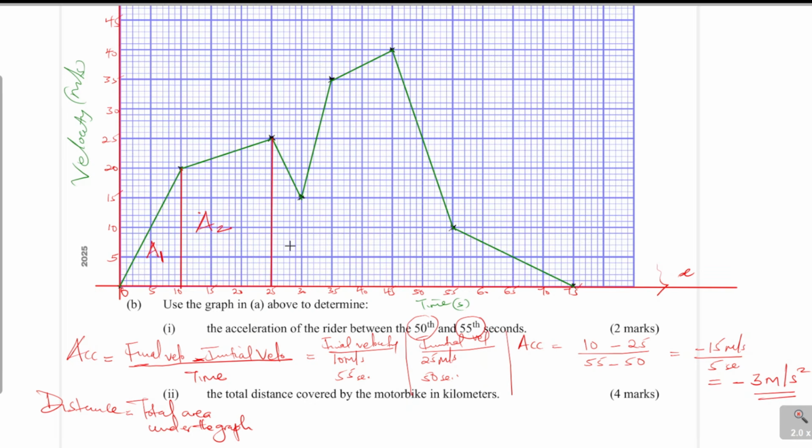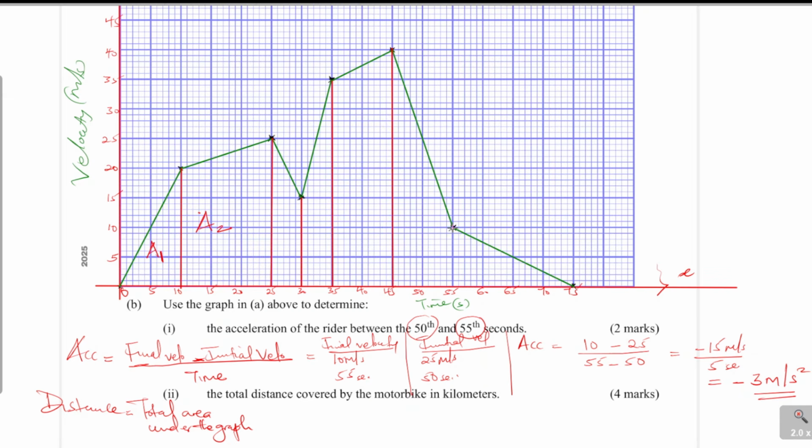And then from area 2, you can get area 3. So when I join it from this point, that one is also a trapezium, and also the other one here. And then there is another one here. So I'd like you to look at those sections.